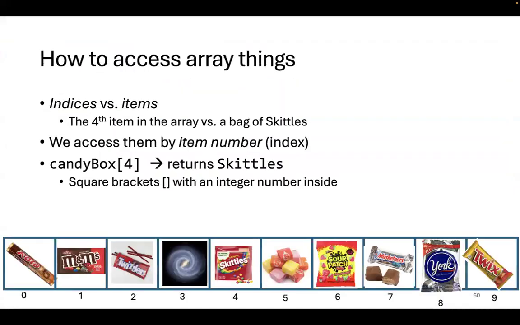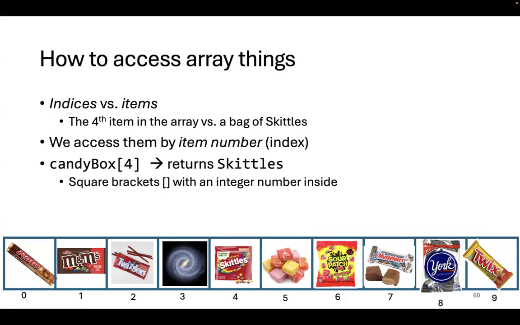Great job. Okay, so in terms of how we access the things in the array, there's a difference between the indices and the items, two words that both start with I. If this is my candy box, there's a difference between going to spot 7 versus grabbing the actual Three Musketeers bar.